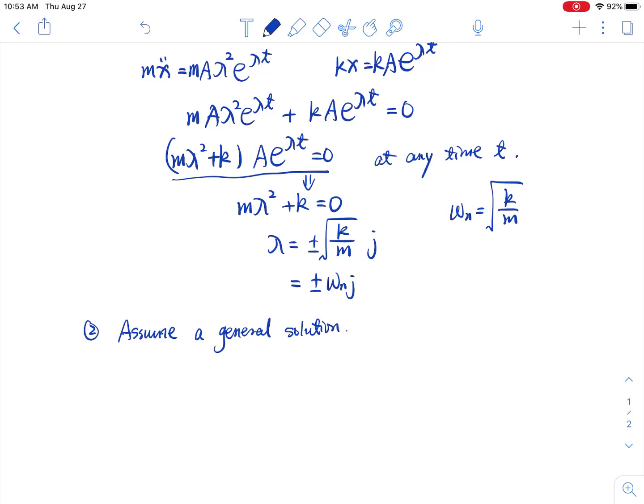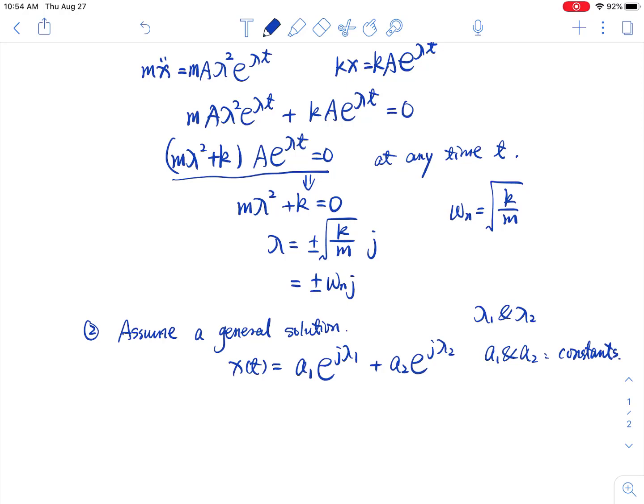So your general solution is x(t) equals a1 e^(λ1 t) plus a2 e^(λ2 t). So λ1 and λ2, they're the solutions of λ, and a1 and a2, they're constants.